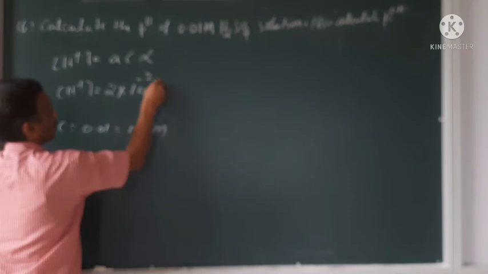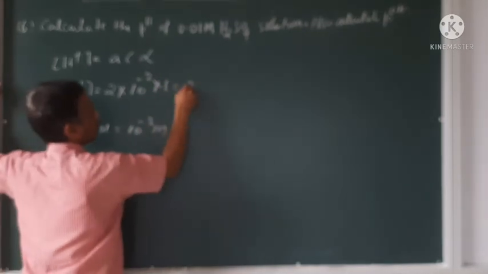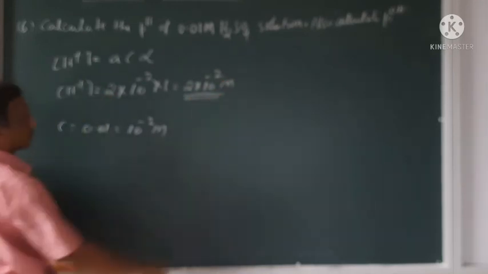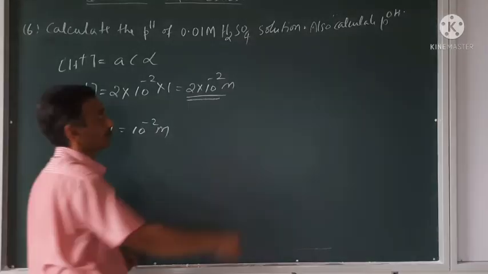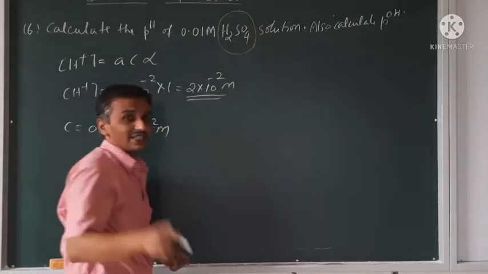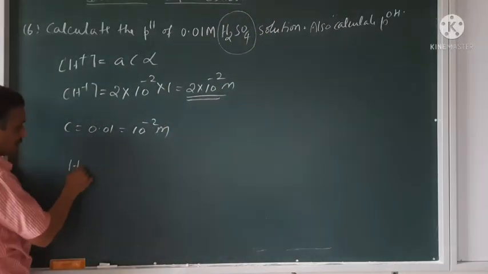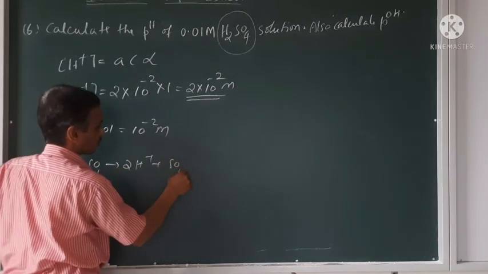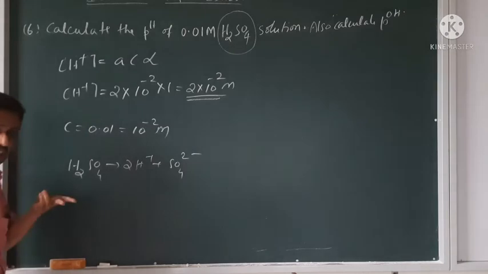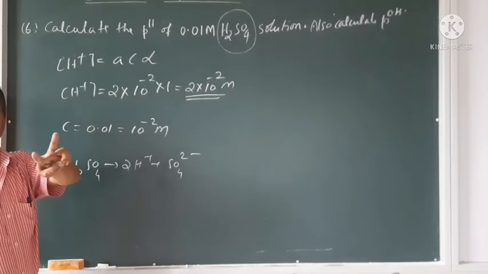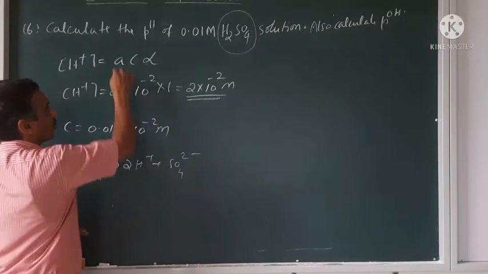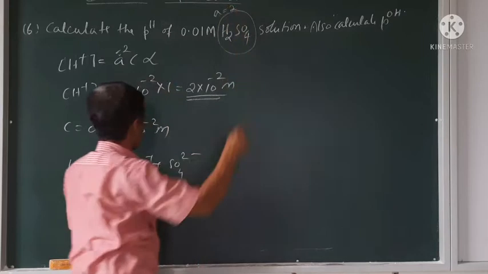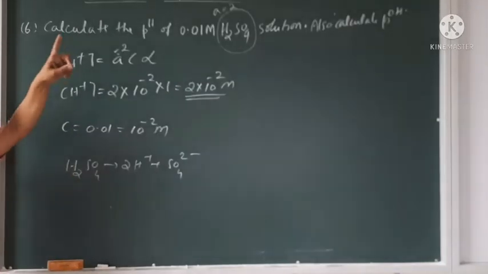Into 1, which is equal to 2 into 10 to the power minus 2 M. This is the H plus concentration. Why? Sulfuric acid is a dibasic acid. H2SO4 gives 2H plus and SO4 2 minus. There are 2 replaceable hydrogens. Therefore, A value is 2 for this. That's why I wrote 2 here. Dibasic acid.